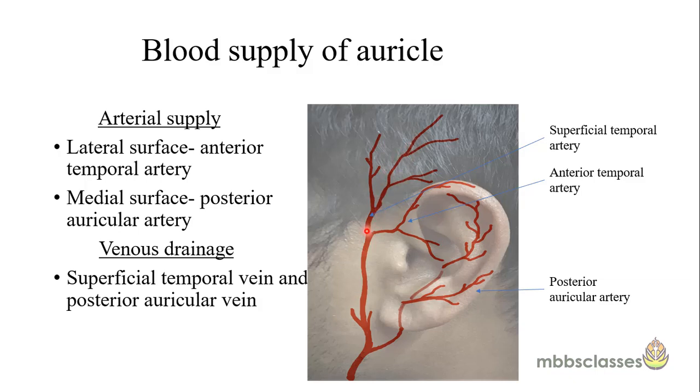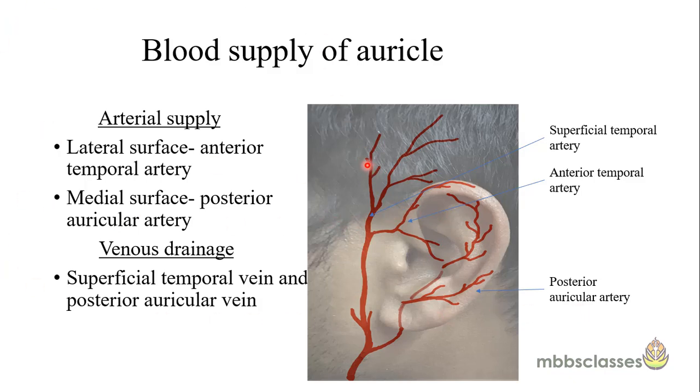This is the superficial temporal artery, giving a branch, the anterior temporal artery, and it is supplying the lateral surface of the pinna. Remember, the anterior temporal artery supplies the lateral surface. Then the medial or posterior surface is supplied by the posterior auricular artery.